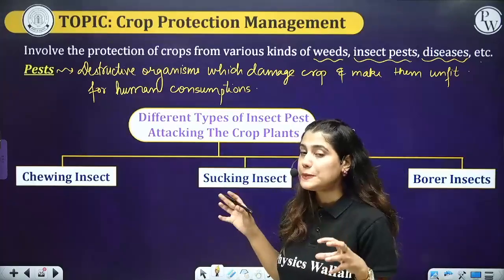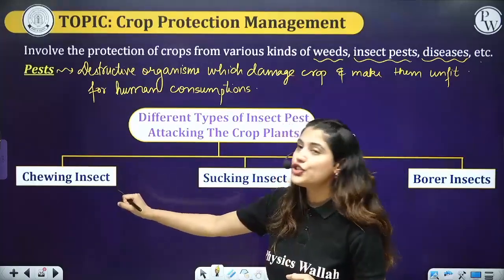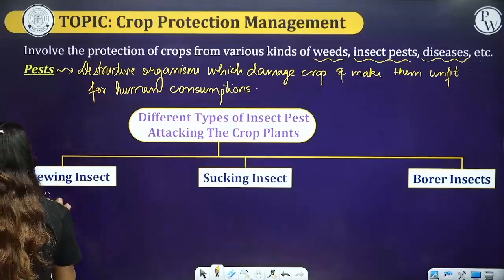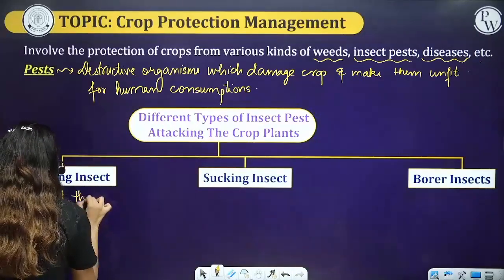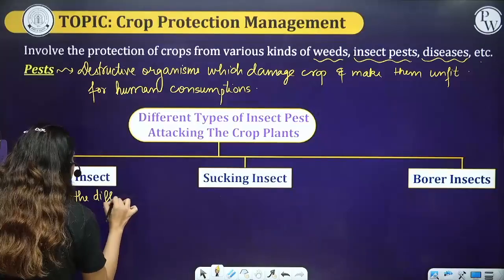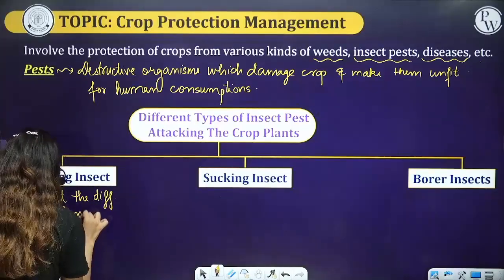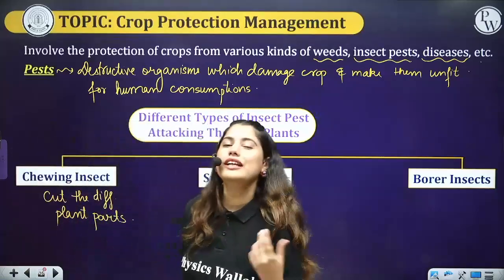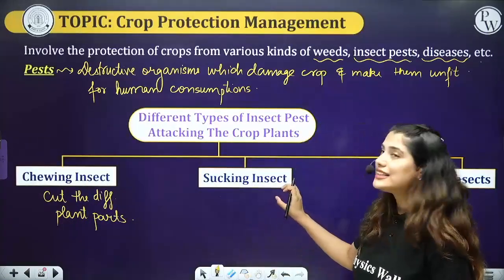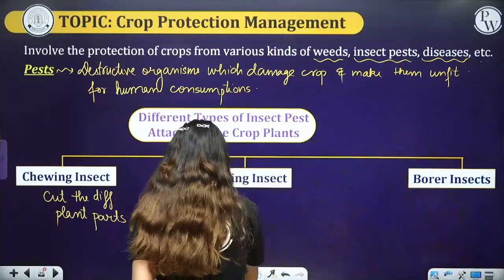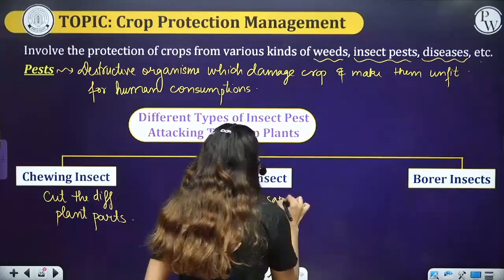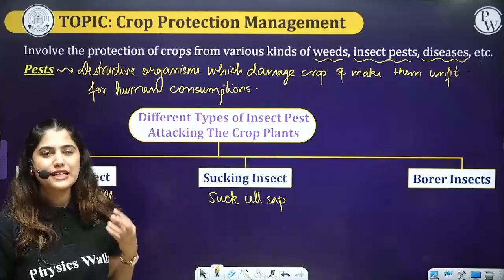Now how do these pests affect the crop? Either they chew the plant, not the insect. They cut different plant parts, maybe the leaves, the stems, right? Or there are sucking insects which suck the cell sap. Cell sap is basically the fluid of the cell, the water and minerals present in a cell.